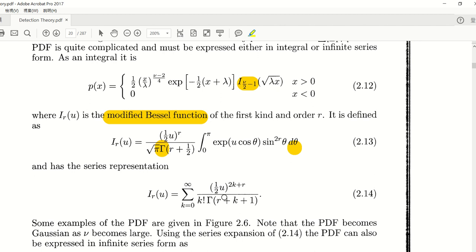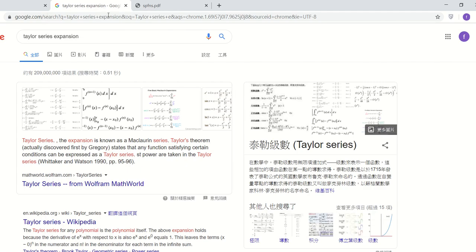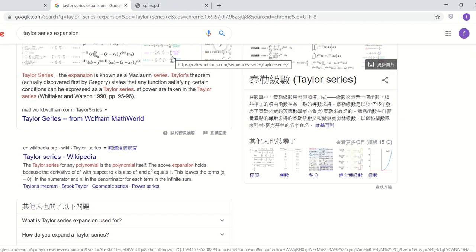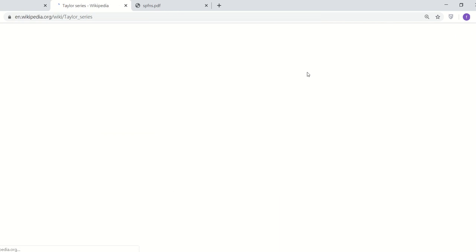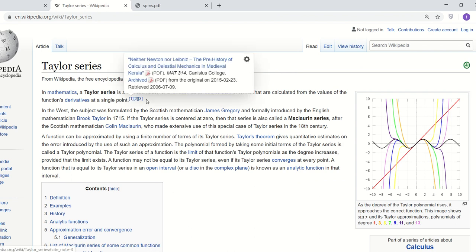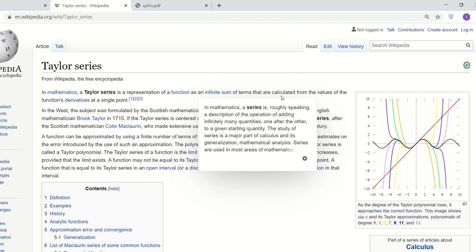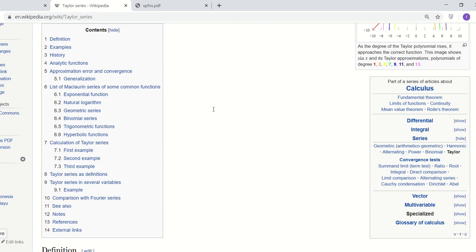To understand this, let's take a look at the Taylor series expansion. I think you have learned this in some fundamental mathematics. So let's see, Taylor series. It's a representation of a function as an infinite sum of terms that are calculated from the values of the function's derivatives at a single point.